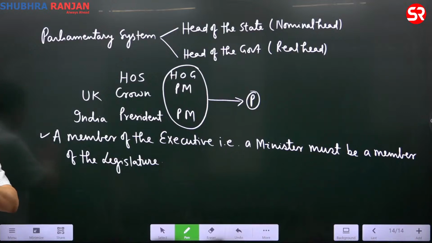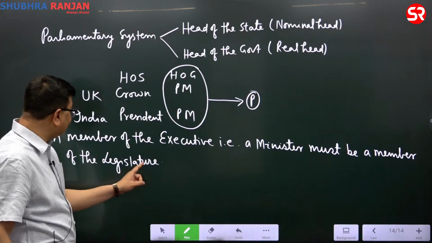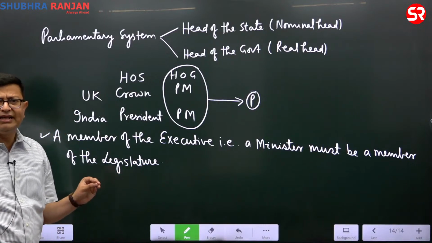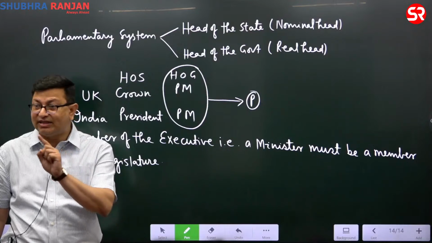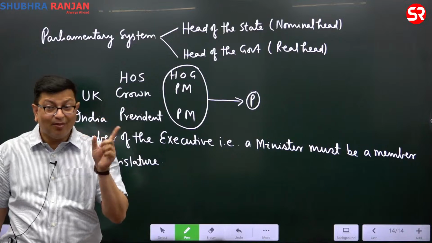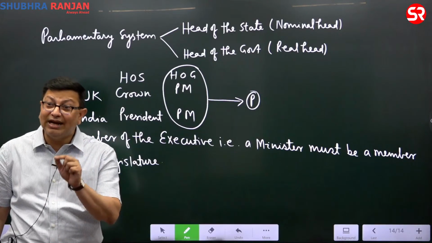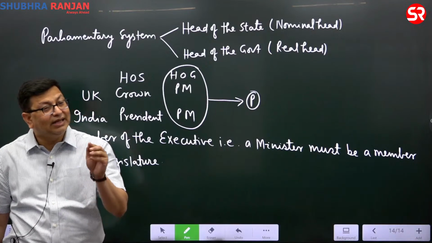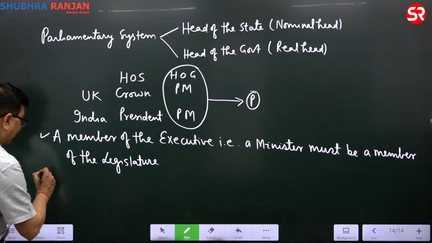So a minister must be a member of the legislature. No doubt, in our country there is a law that even a non-member can be a minister for 6 months. But within 6 months, the person will have to get elected either to the Lok Sabha or to the Rajya Sabha.